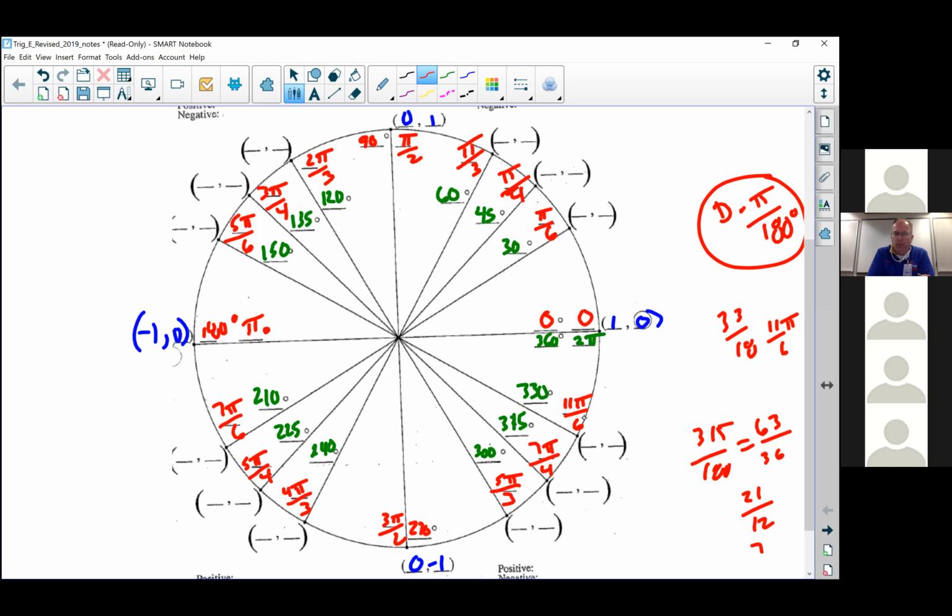Does everyone feel okay with the radians? And again, you all know on the TI calculators, which you can borrow in class if you need to, how to reduce fractions on it. It works really neat. I'll show you tomorrow if you don't know how to do it. It's one key more and it'll do it for you. And then you just have to remember to put pi's in there.